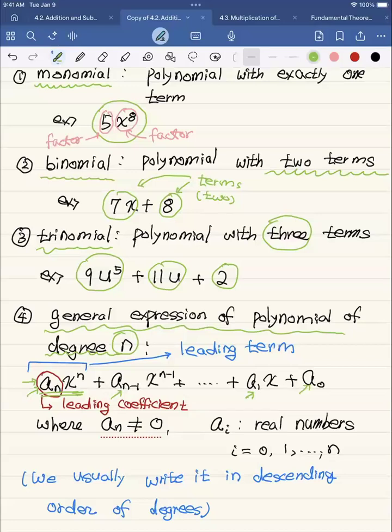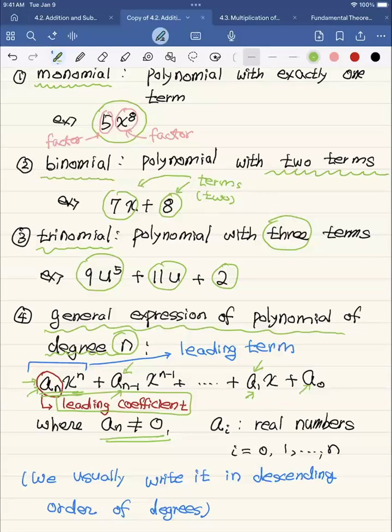So a sub n is not equal to 0, but all other coefficients a sub n minus 1 to a sub 0 may become 0. So a sub n has a special meaning that makes the degree of the polynomial determined, and that is called the leading coefficient.